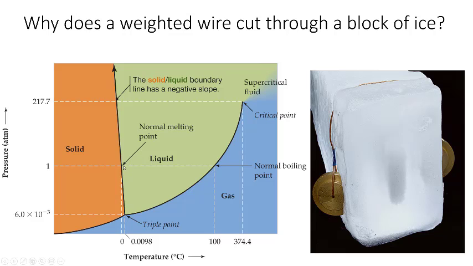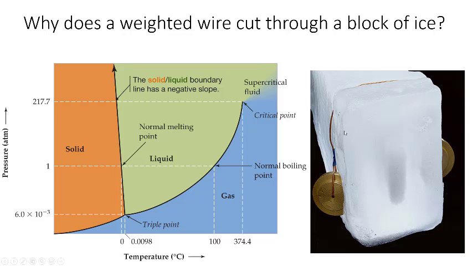So if we're at atmospheric pressure here, we can go between solid and liquid at a certain temperature. But if we add additional pressure, holding at that same temperature, we can change from the solid to the liquid state. That has the effect of melting ice by pressure instead of temperature.